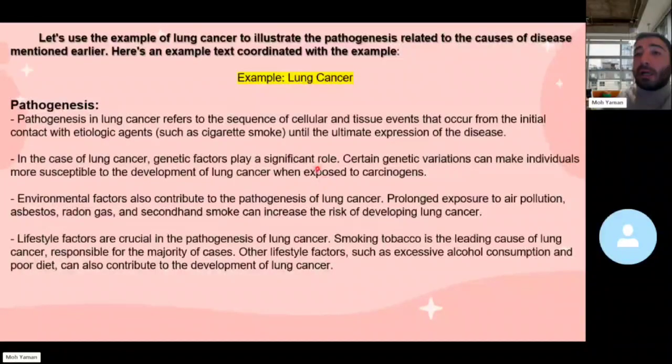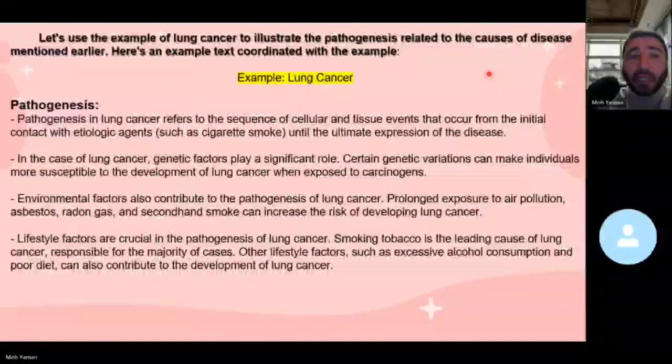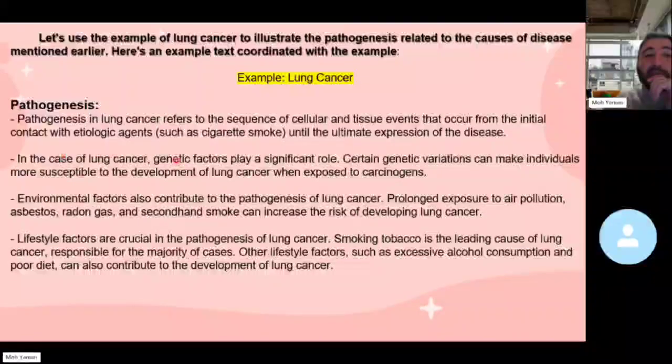Here I'm explaining an example about pathogenesis, and I just put lung cancer as an example. Here again is the explanation of the pathogenesis, and here as well the etiology.